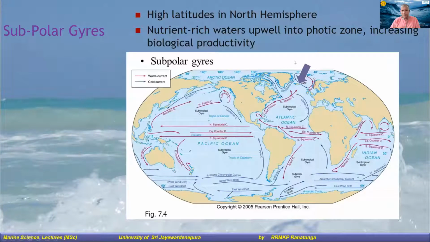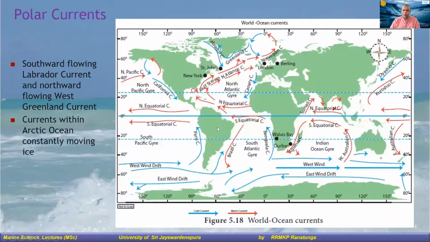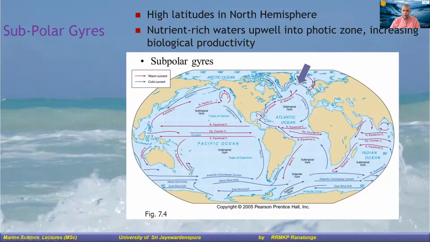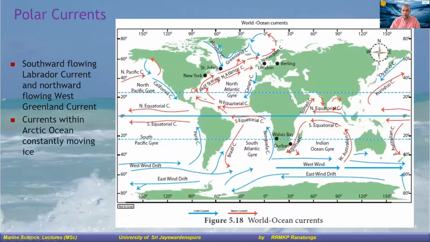Similarly, you will see subpolar gyres. Now we talked about the subtropical and tropical gyres in this ocean basin. Similarly, you will see in the subpolar region similar gyres like here, right? And even from the subpolar to the polar region, you will see similar gyres.